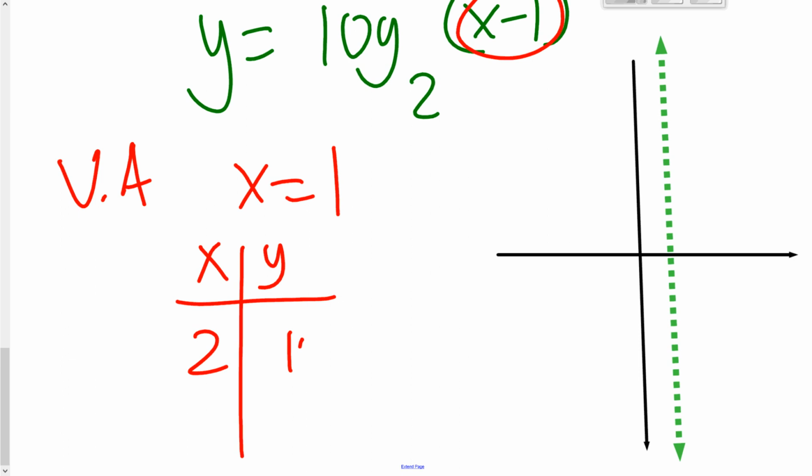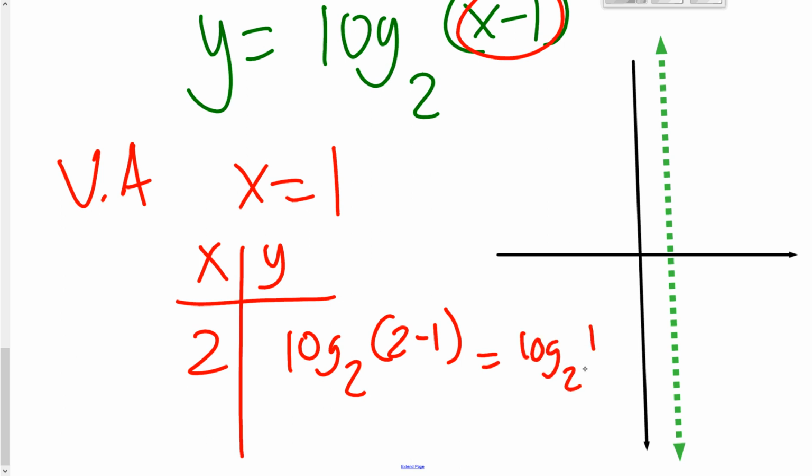That'd be log base 2 of 2 minus 1, and that's fine, because that would be log base 2 of 1, and 2 raised to what is 1? That would be 0. So I can go over 2 and go up 0. There's my point. That could be enough to graph, but I'm asking you to graph 2 points.